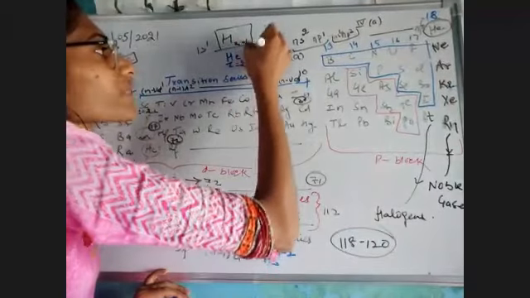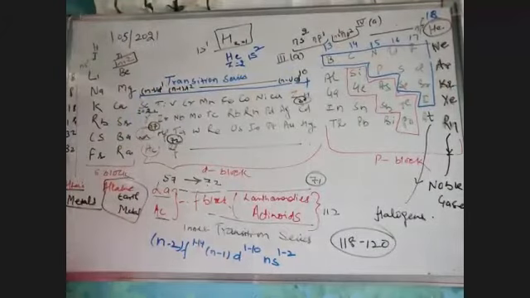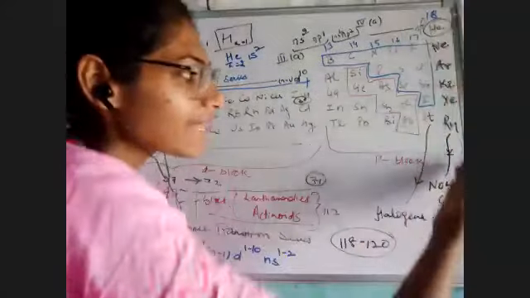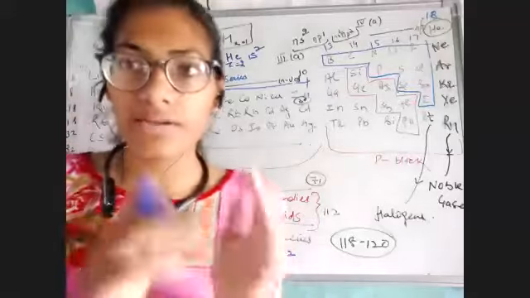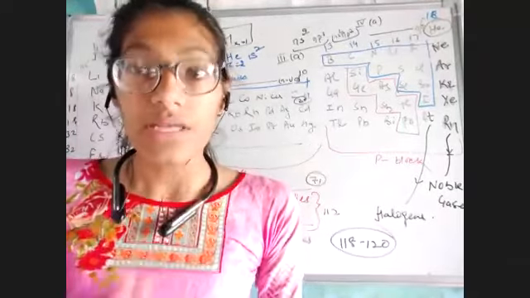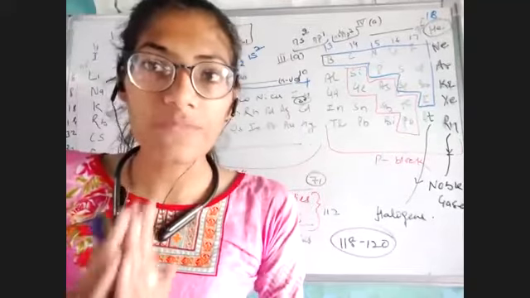That means 1s2. So according to 1s2, we should put it into the alkaline earth metals. But at the same time, it has the same property as the noble gases. That means in noble gases too, the electronic configuration is completely filled. The subshell is completely filled, same as our s orbital, which is also completely filled.